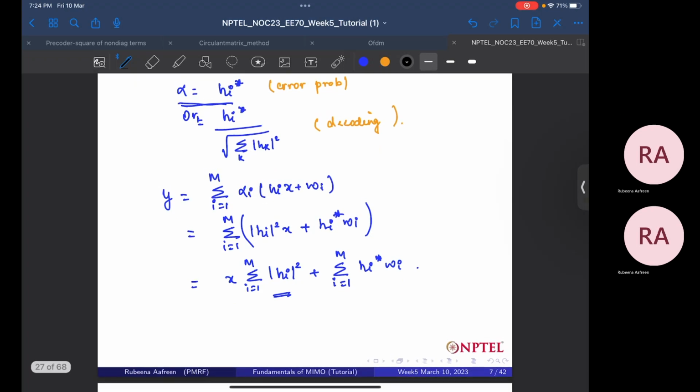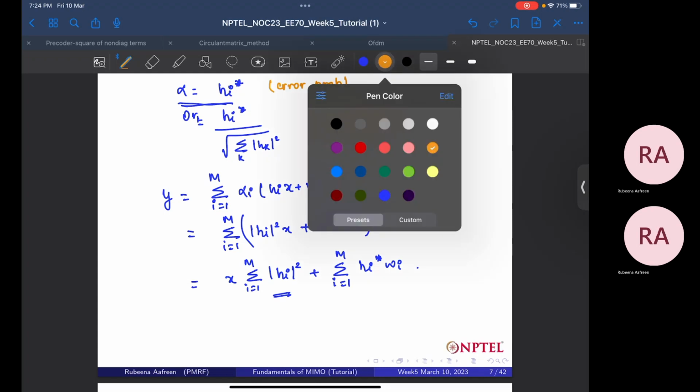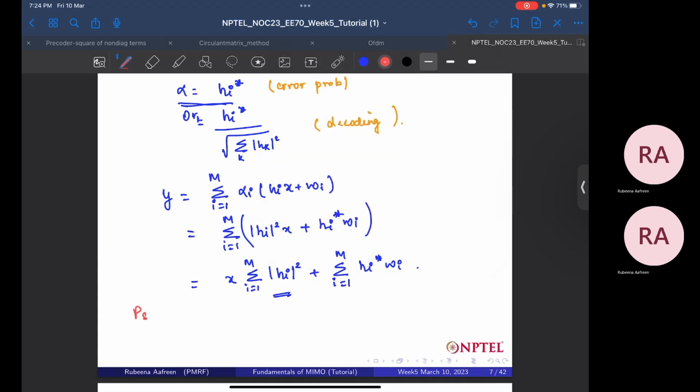expectation of, I'll write it here only. Here see, P signal will be expectation of this into this conjugate. So it will come down to expectation of x square times this term to the whole square.